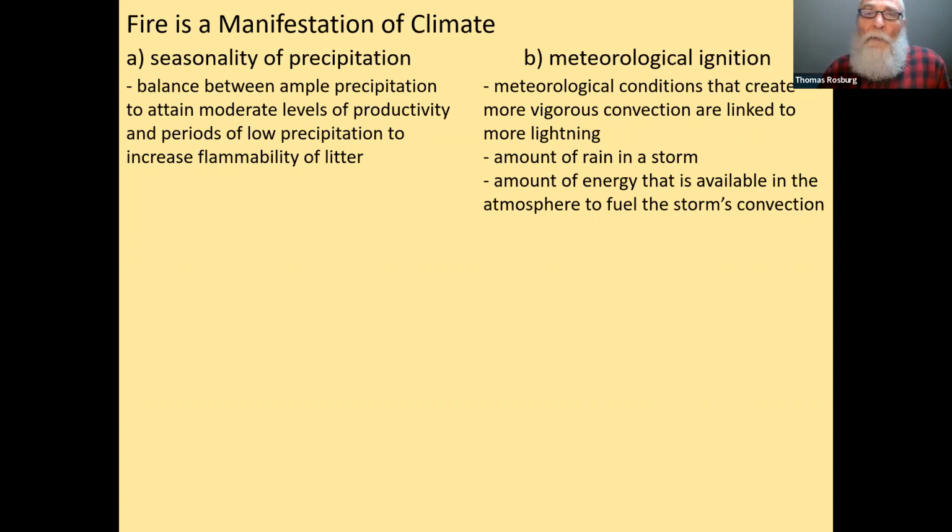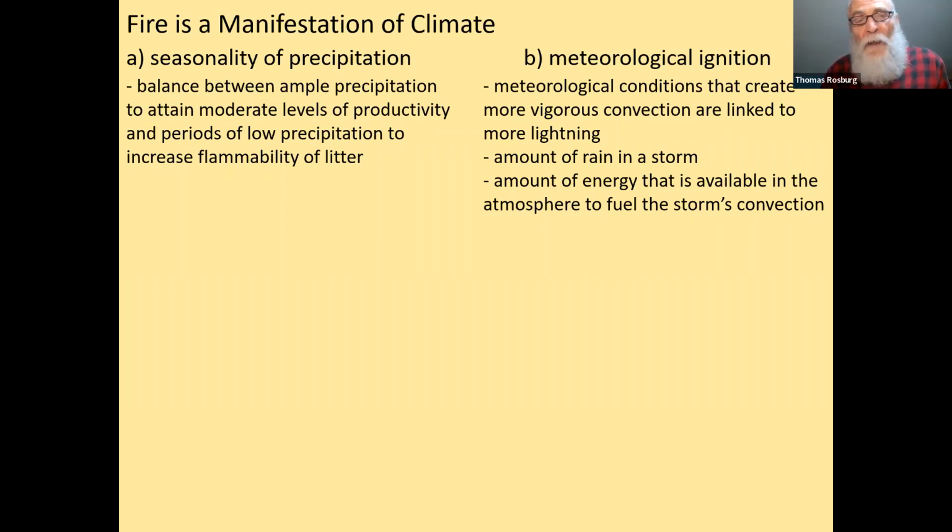The first factor there, of course, is the seasonality of precipitation, because you have to have a certain amount of variation in the precipitation you're getting through a year or growing season. You have to have at least moderate amounts of precipitation to produce enough biomass, plant growth in other words, to generate a fair amount of fuel.